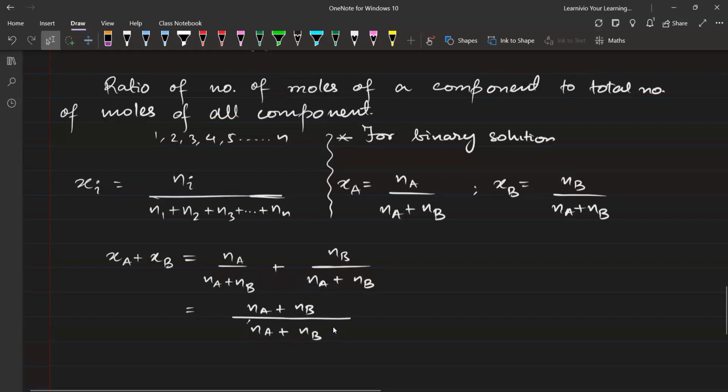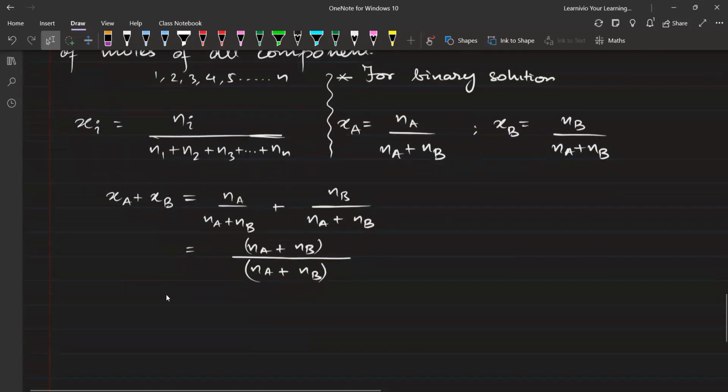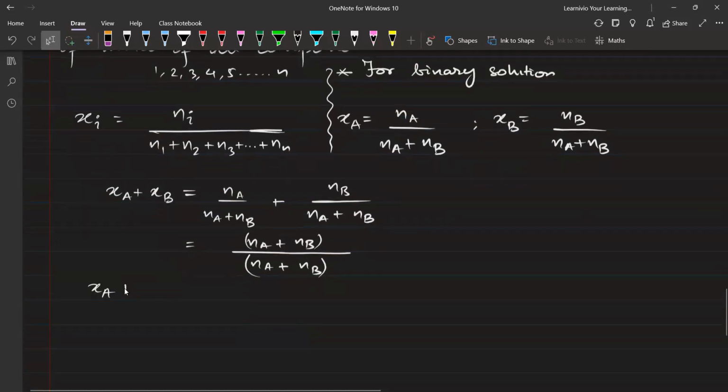Whatever the Na plus Nb is in the denominator, that same value will be in the numerator also, and hence the mole fraction of A plus the mole fraction of B will be equal to 1. Does it make sense? Yes or no? Please tell me. Yes, sir.